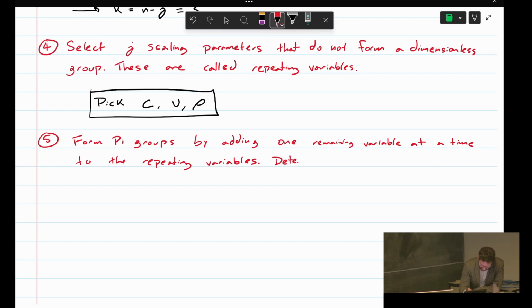Determine exponents that make the product dimensionless.